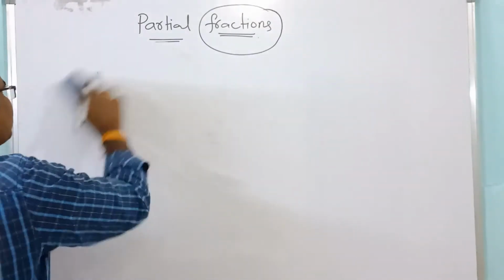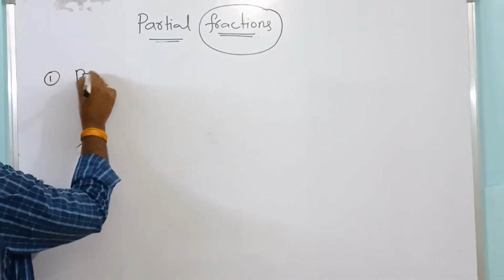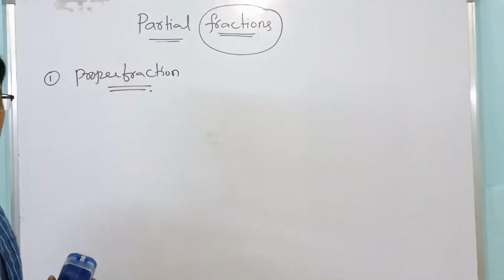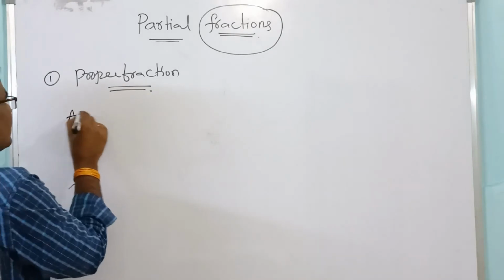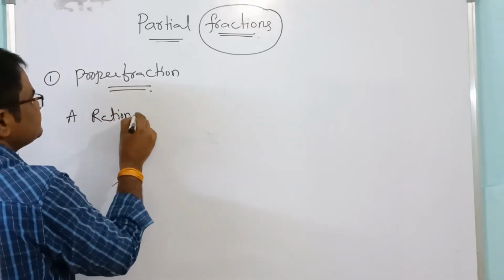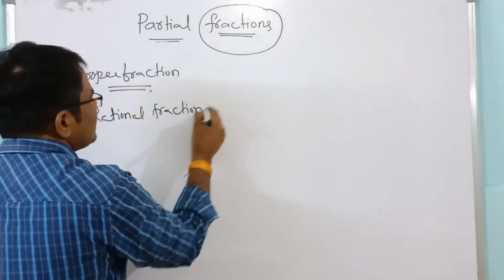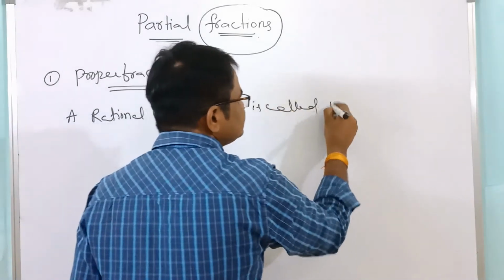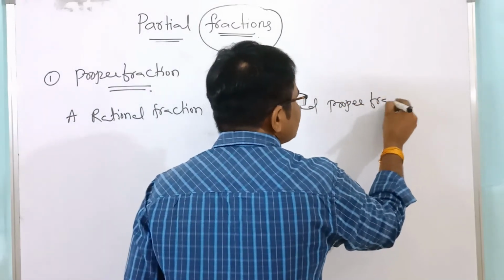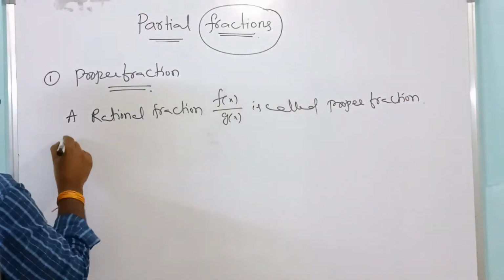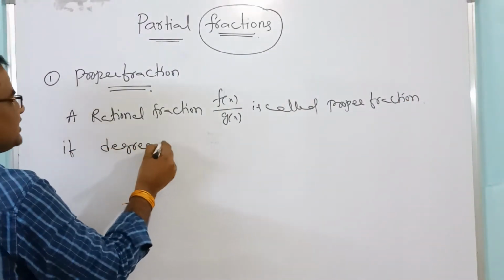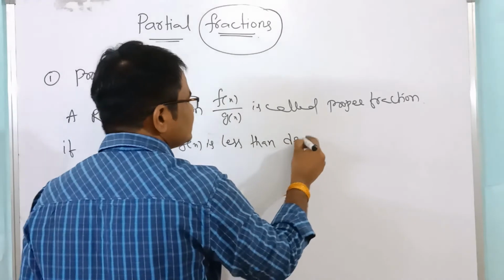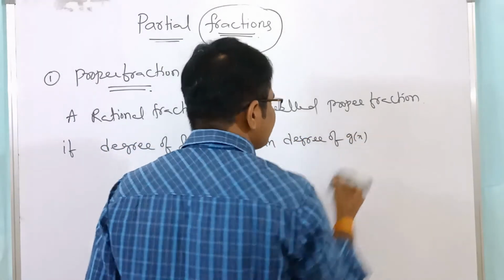First one is proper fraction. What is the definition of the proper fraction? A rational fraction f of x by g of x is called a proper fraction if degree of f of x is less than degree of g of x.